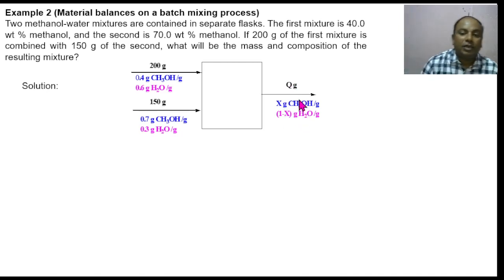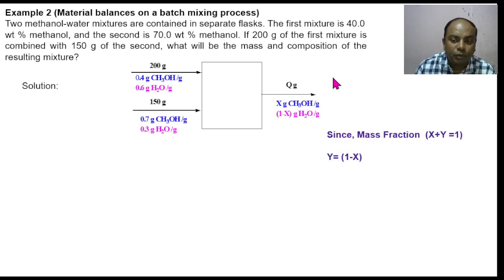Suppose, in terms of mass fraction, we consider x as the mass fraction of methanol present in the resulting mixture. As we know, the mass fractions, when summed up, always come out equal to 1.